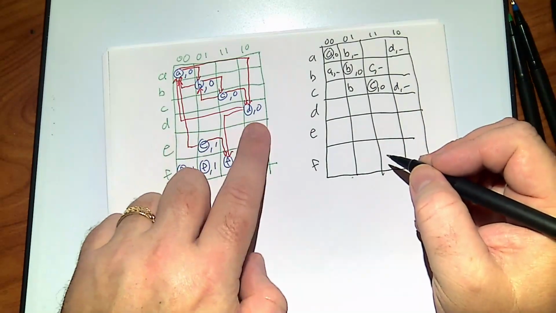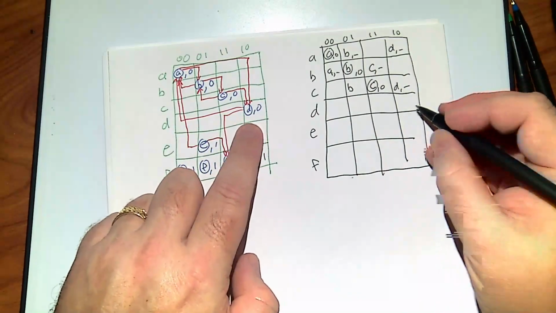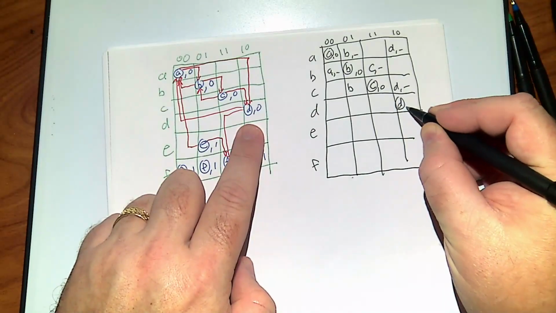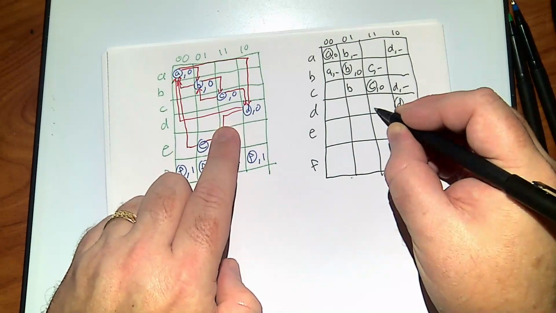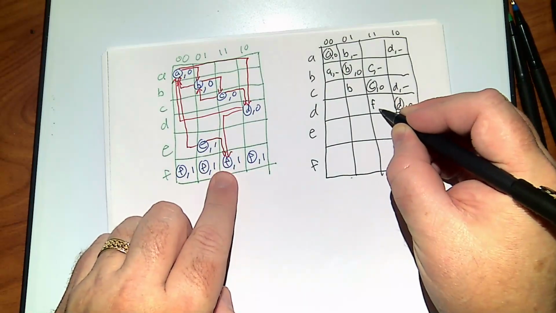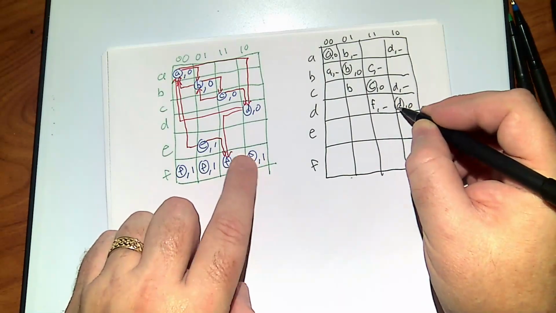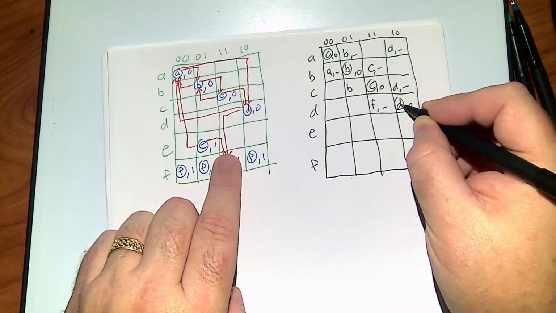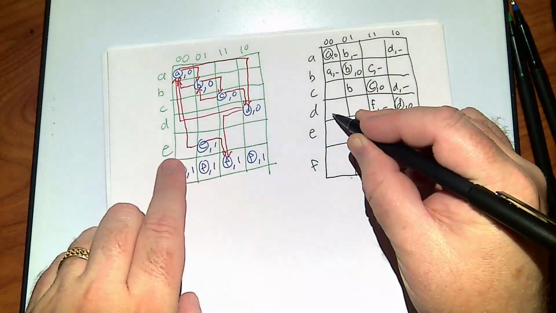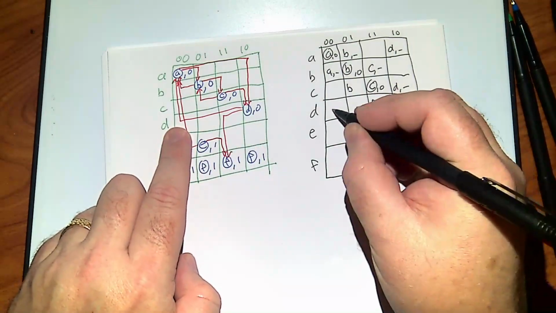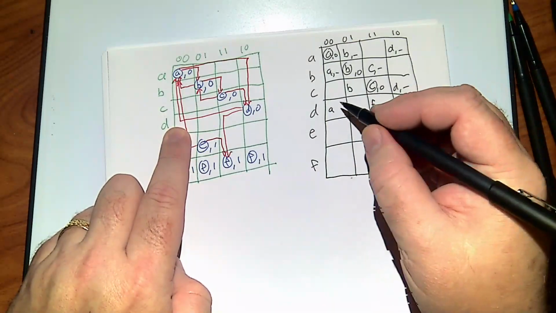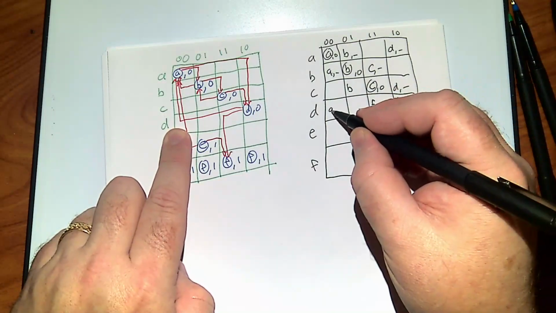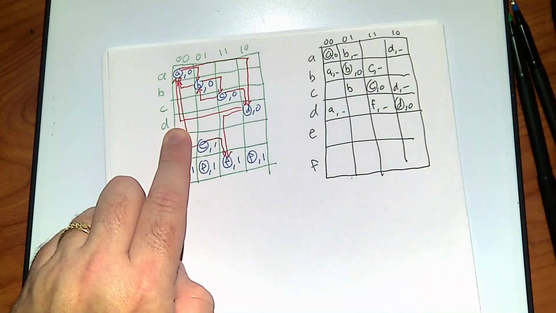All right. In D's row, I'm going to put my stable state in first. If I go 1 to the right, I'm going to go to F. Or sorry, to the left. If I go to the right, I end up here, and that's going to go to A. I have nothing on that.